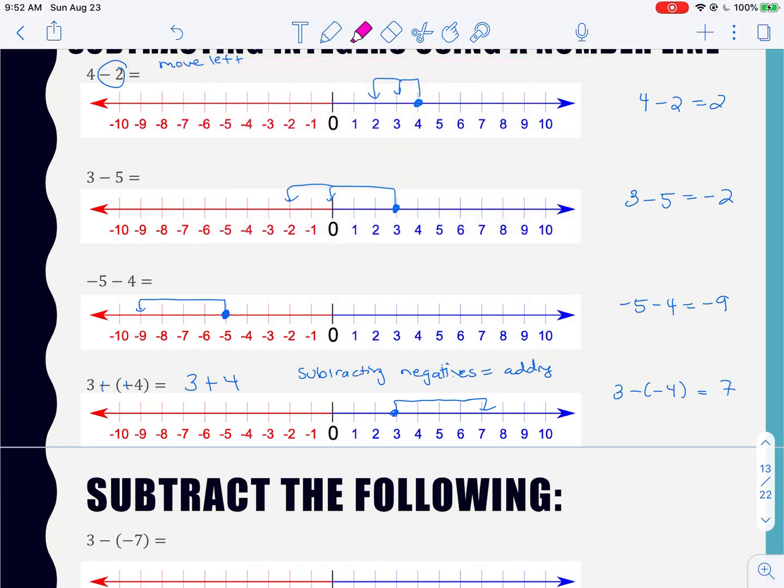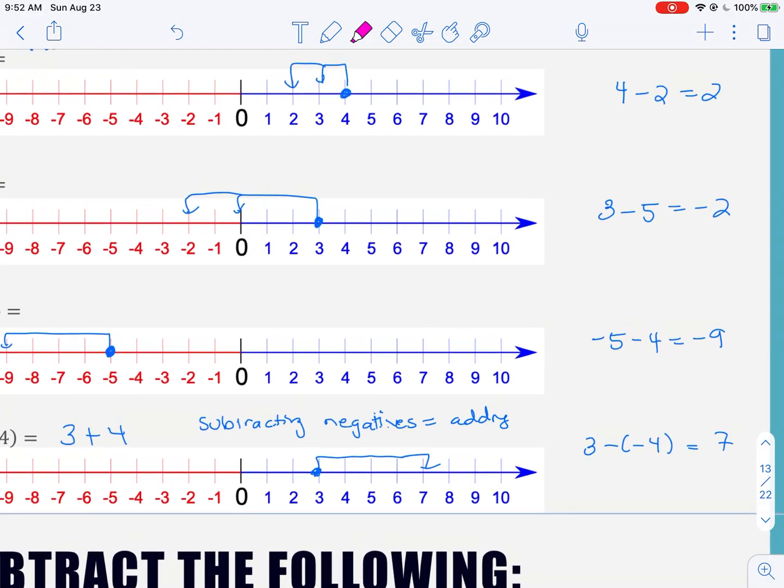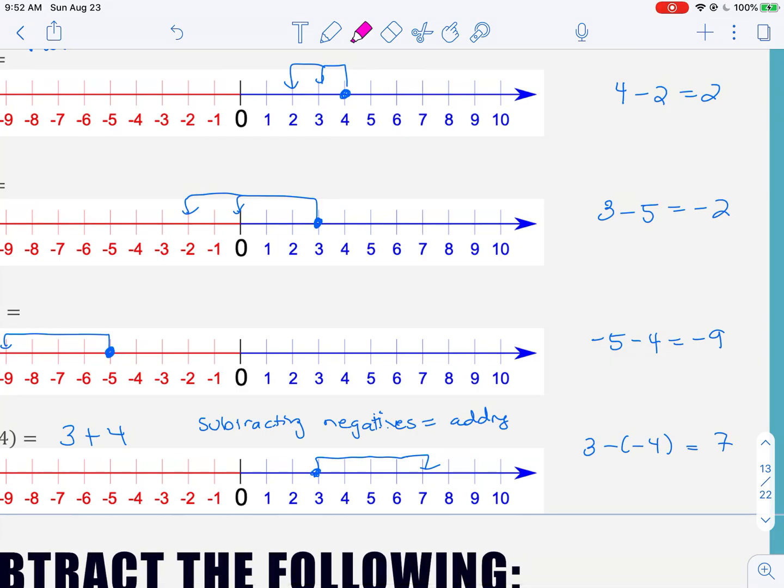Okay. So again, I mentioned the phrase add a line and change the sign. So if you like to add better than subtract, on every single one of these problems, you can change it into an addition problem and then make the number after it the opposite sign. So that would be 4 plus negative 2, or 3 plus negative 5, or negative 5 plus negative 4, or 3 plus positive 4.